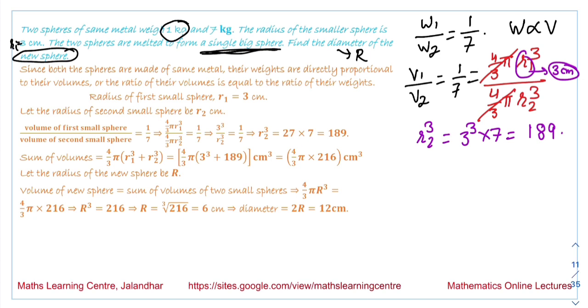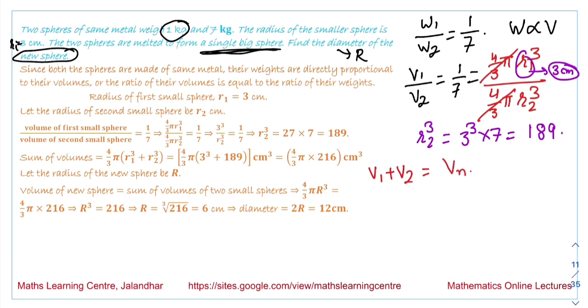Now both the spheres are melted, and when the new sphere is formed, a single big sphere is formed. So the sum of their volumes, V1 plus V2, is equal to the volume of the new larger sphere.